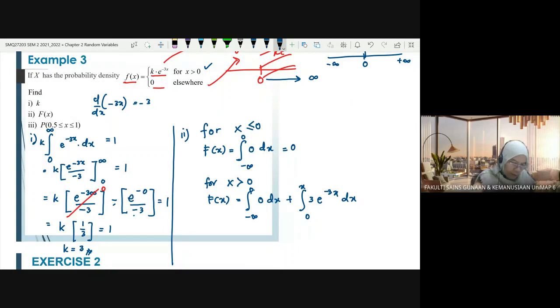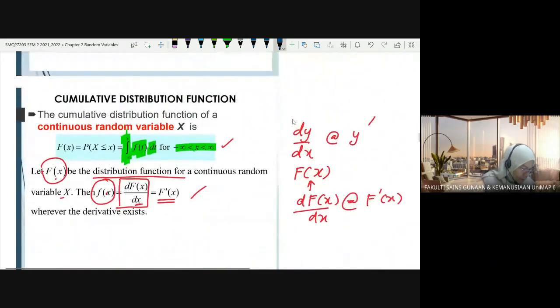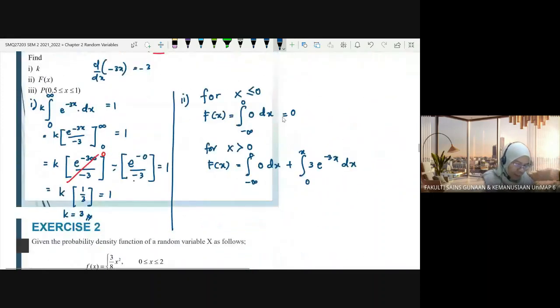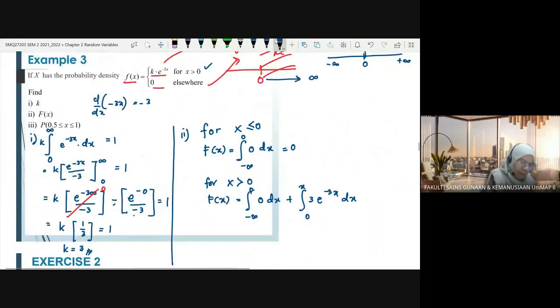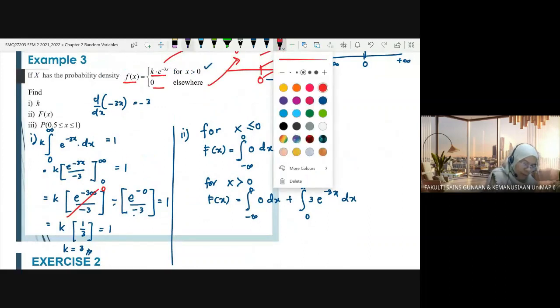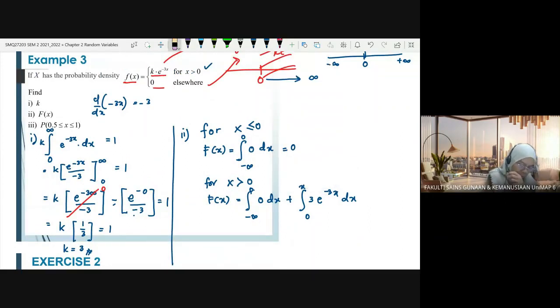In this case, class, what did I do wrong here? To find F(x), it will be in terms of t. Sorry, class, this one is actually for t. I made a mistake here. Let me change with red pen. My throat is really killing me. I wish I can get a good cough.